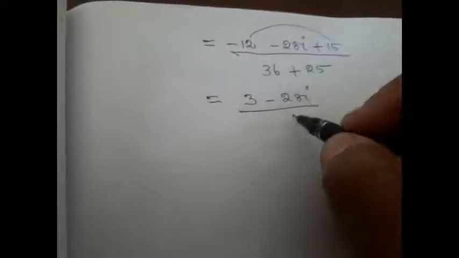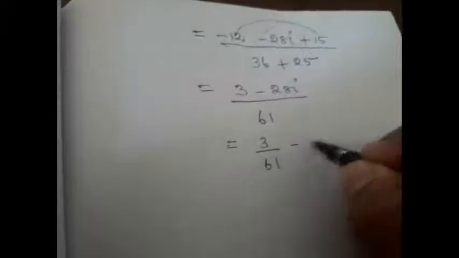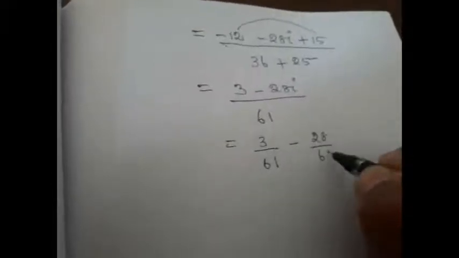So 15 minus 12 is 3 minus 28i divided by, add these two numbers, so it is going to be 61. So it can be written as 3 by 61 minus 28 by 61i. So this is z1 divided by z2. This is how you have to divide two complex numbers.